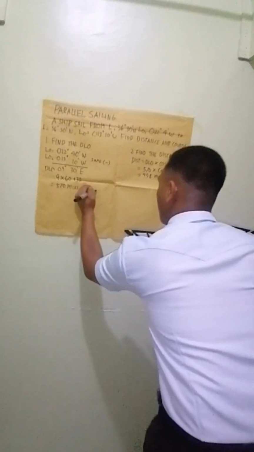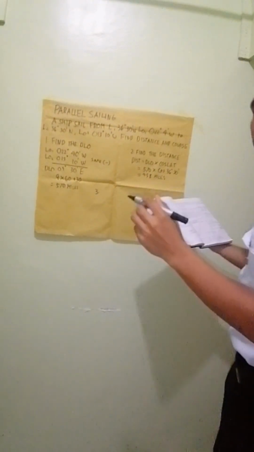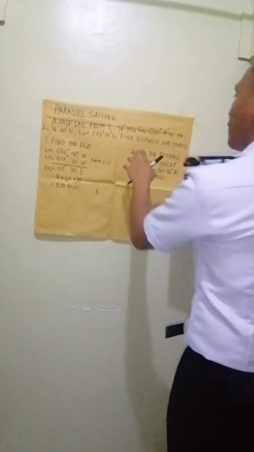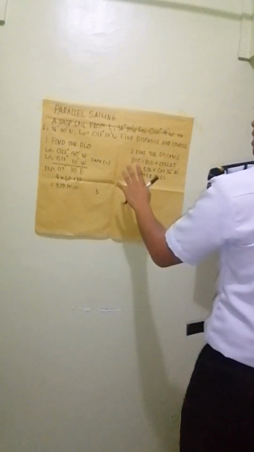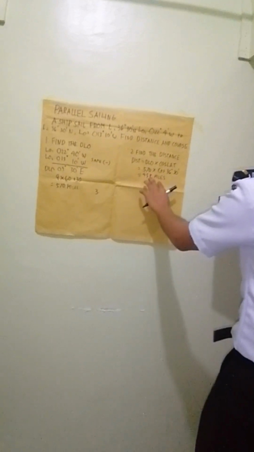And then, third, you must find the course. And we have a distance, and the distance is 458 miles.